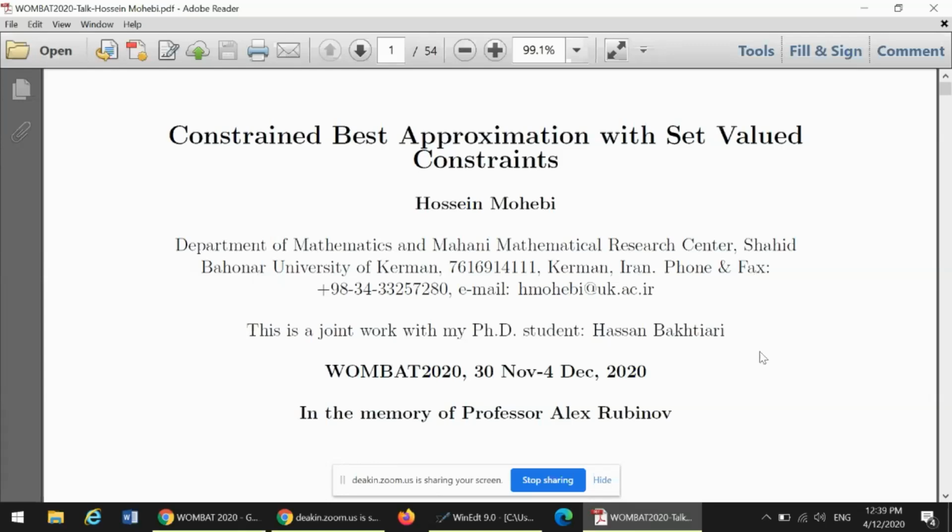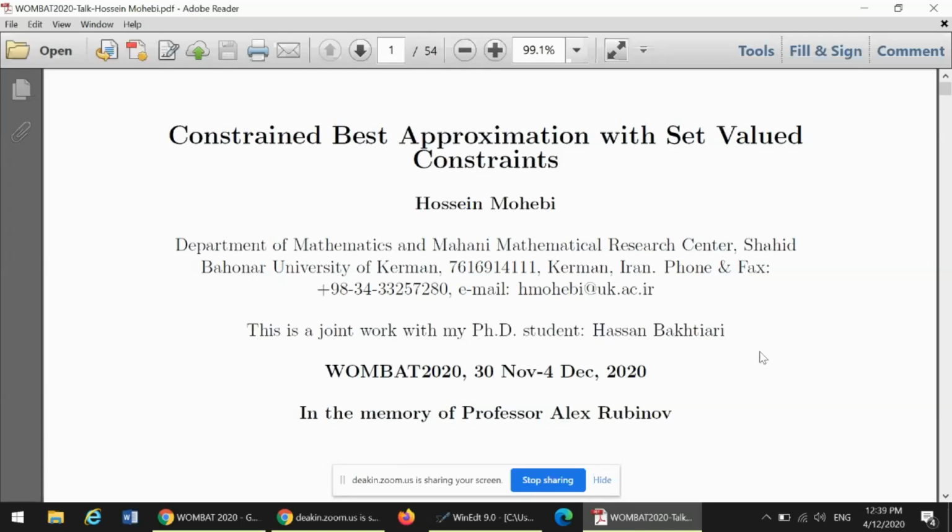Me and Giacomo have done two works in 2004 and 2005 when the constraint functions are convex, but the number of constraints are infinite.